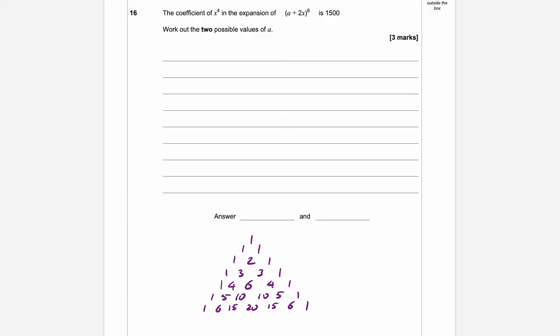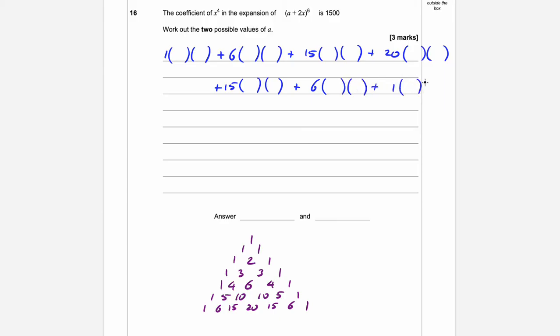Once I have that, I can write that this thing here is equal to 1 bracket plus 6 bracket plus 15 bracket plus 20 bracket plus 15 bracket plus 6 bracket plus 1 bracket. I know you don't need to write out the full thing here, guys, but I just find it so easy to do this the same method all the time.